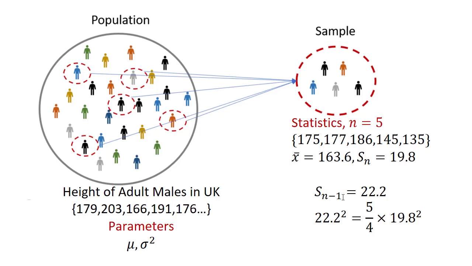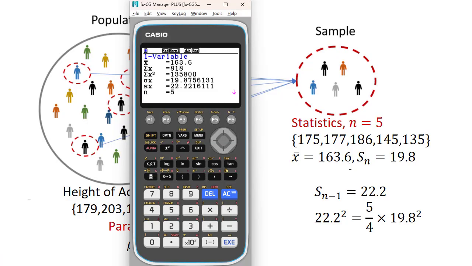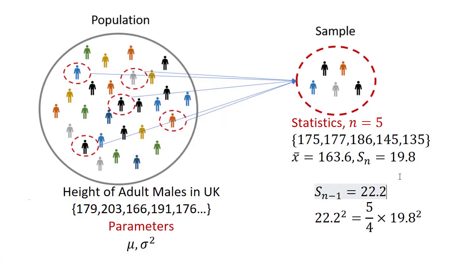So Sn minus 1 is 22.2 from the calculator, and that's saying I would expect the sample to be less varied than the population. There's only 5 of them. How varied can they be compared to an infinite population?